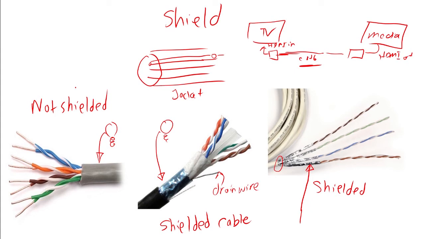And we can measure the shield by what we call impedance, in milliohms per meter of cable. So we're asking how much noise this can protect us from.